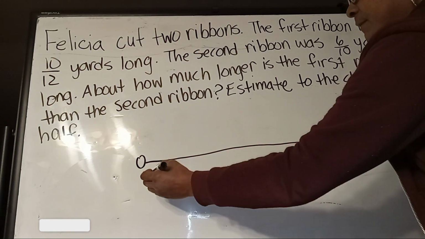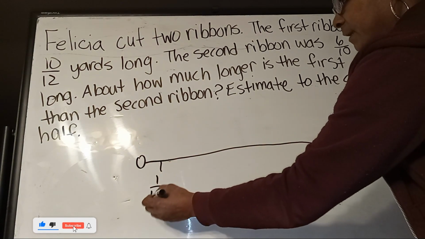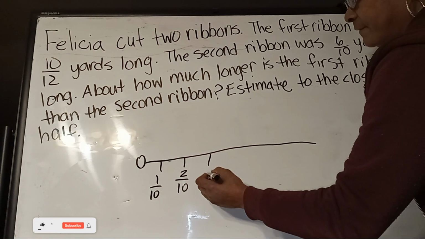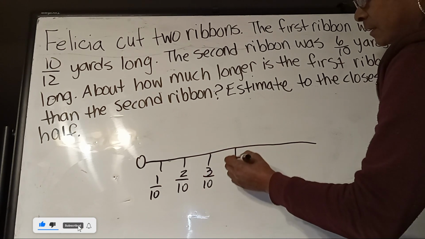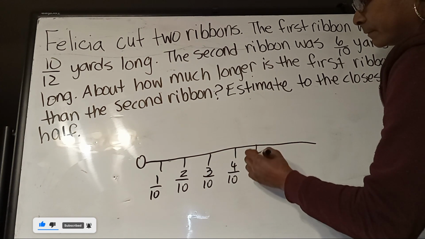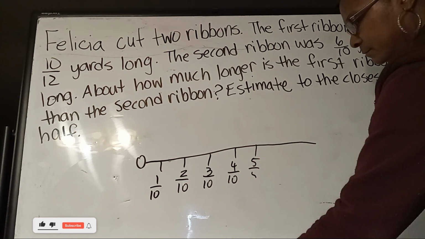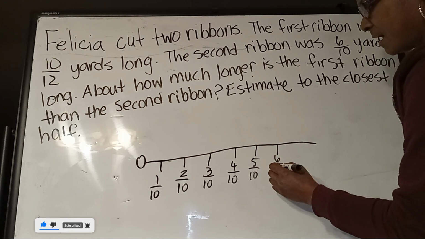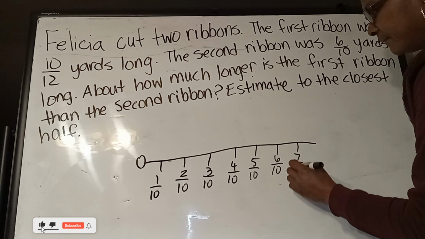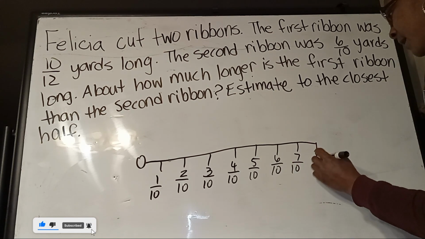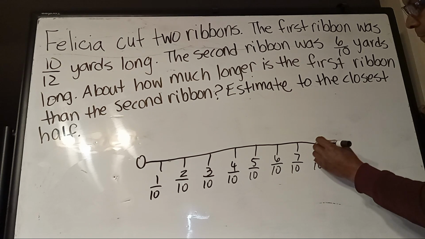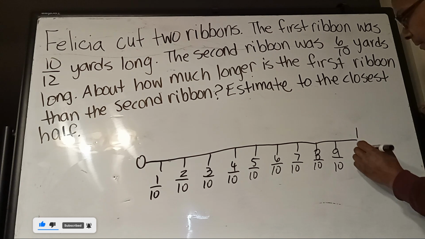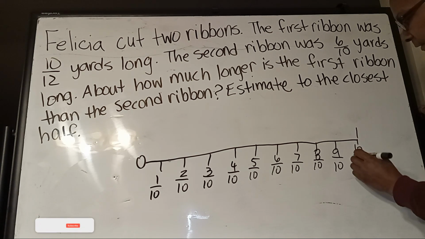So we have our 0, our 1 over 10, our 2 over 10, our 3 over 10, our 4, our 5, our 6, our 7, our 8, our 9, and then we have our whole number 1, which is our 10 over 10.